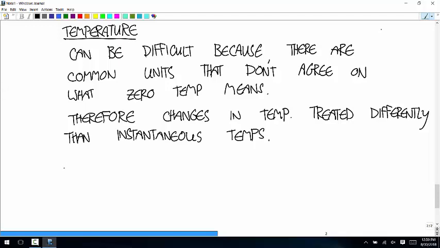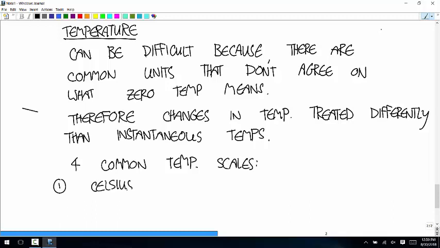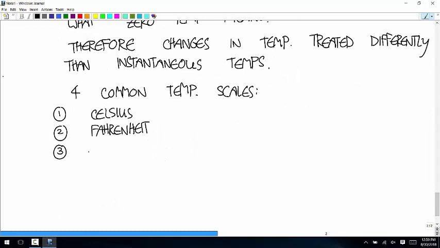Okay, so the four temperature scales we're going to use are Celsius, Fahrenheit, Kelvin, and Kelvin is Celsius, except that the zero temperature in Kelvin is at absolute zero.